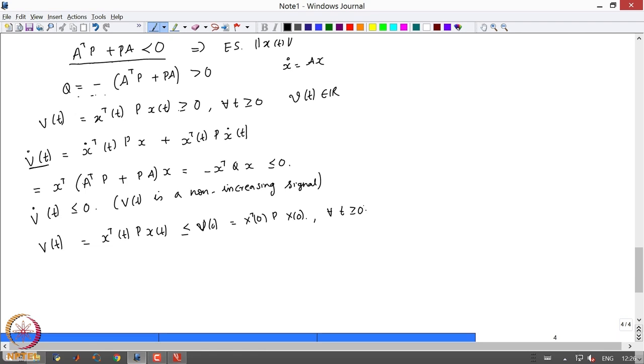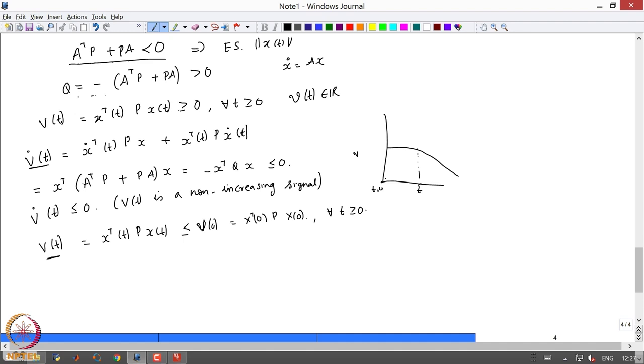So what does this mean? That V is a non-increasing function. So V may be constant or it might decrease or whatever, right. So if this is t equal to 0, the value of V at t equal to 0 will always be greater than the value at some other time t, or the value of V at some time t will be either less than or equal to its value at t equal to 0.